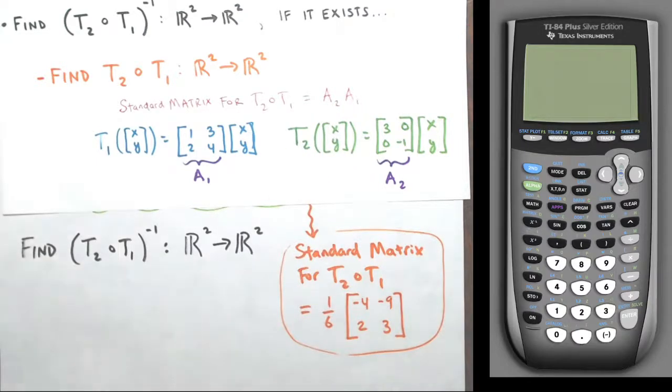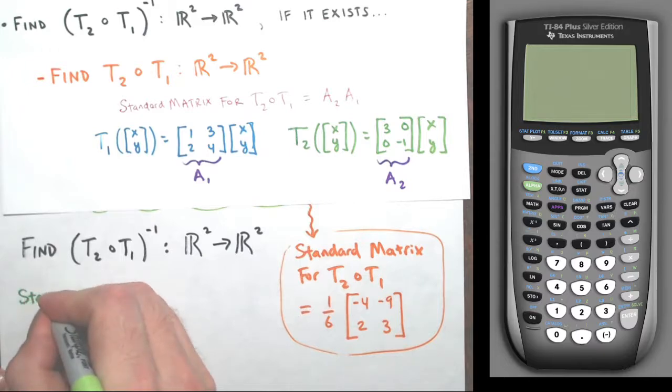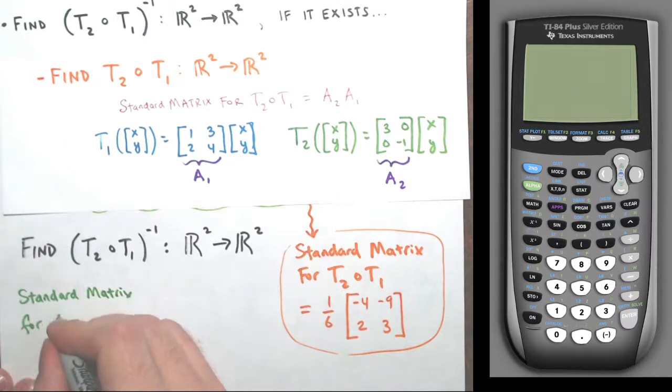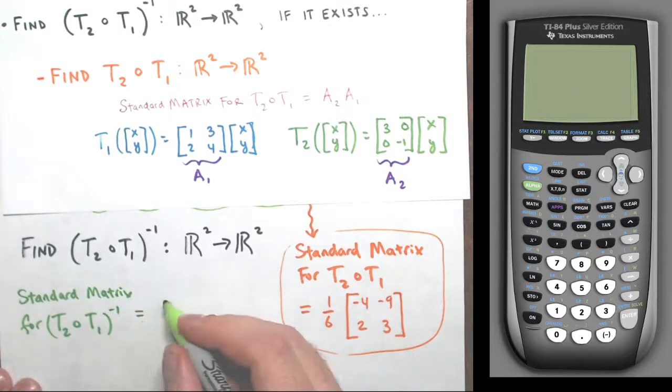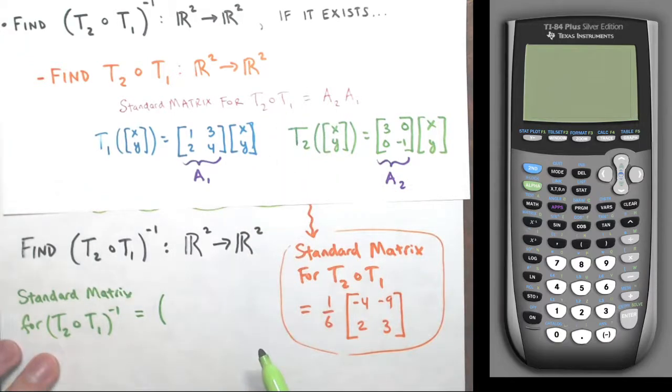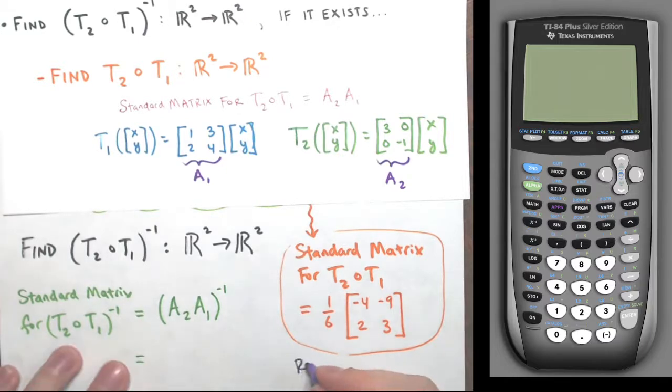So that means the standard matrix for T2 composed with T1 inverse is just the inverse of the standard matrix for T2 composed with T1, so A2 times A1 inverse. Now hopefully you recall, though it has probably been a while, that the inverse of a product of two matrices is the product of their inverses in reverse order.